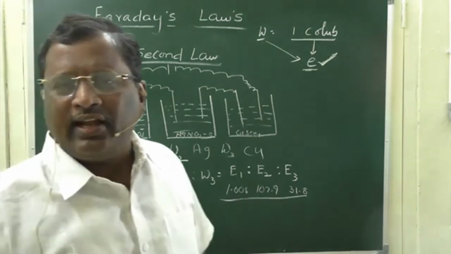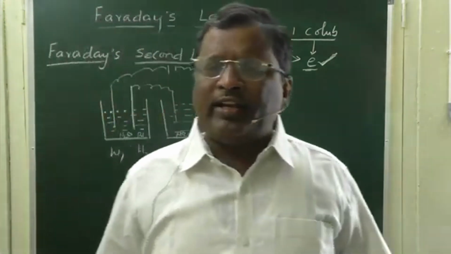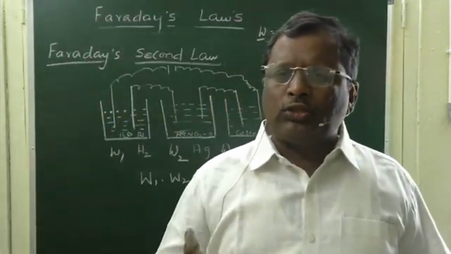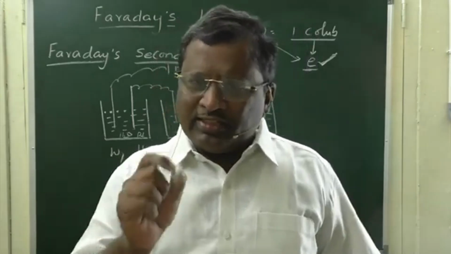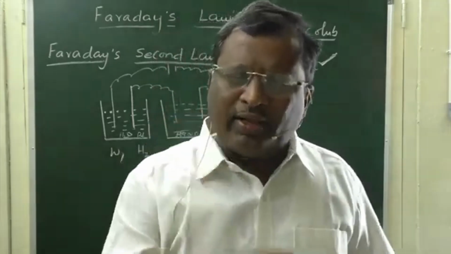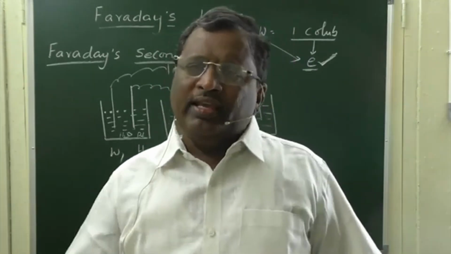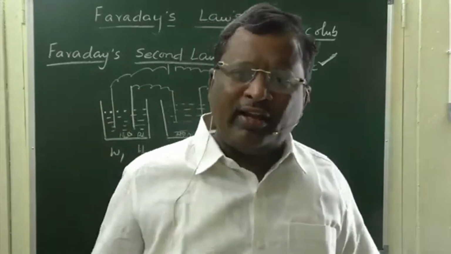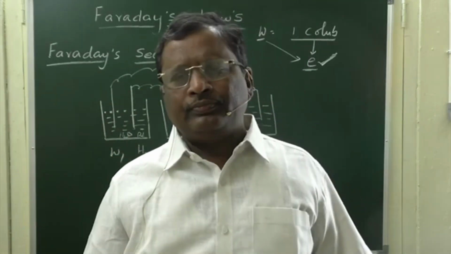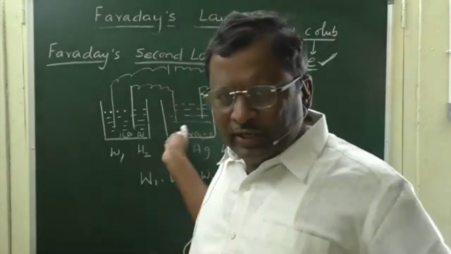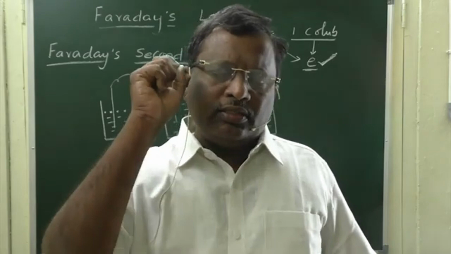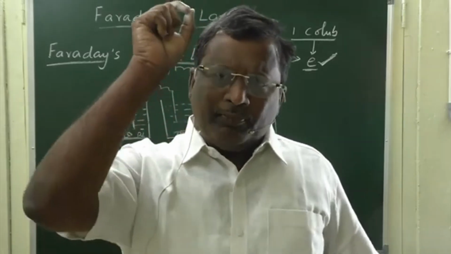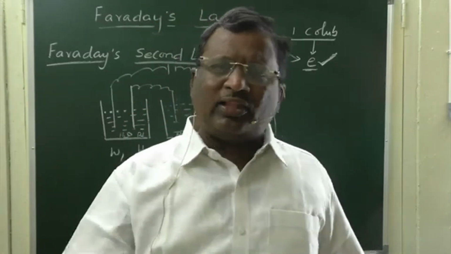What is Faraday's second law? When the same quantity of electricity is passed through different electrolytic cells, the weight of the substance deposited at the respective electrodes is in the ratio of their equivalent weights. Not only for different electrolytes, the same principle applies to the substances deposited at the cathode and anode.